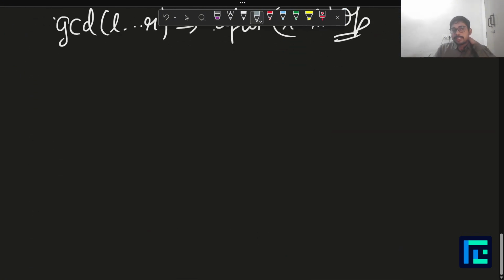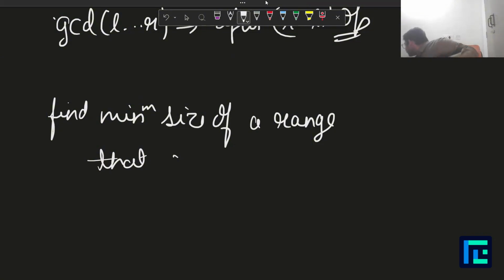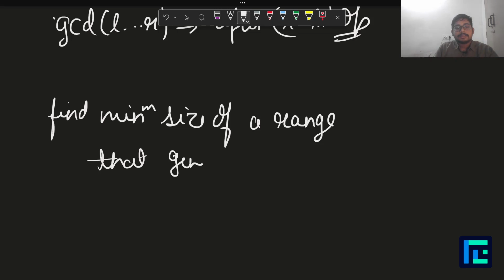So what the general case says is, what you need to do is find the minimum size of a range that gives a GCD equal to 1.